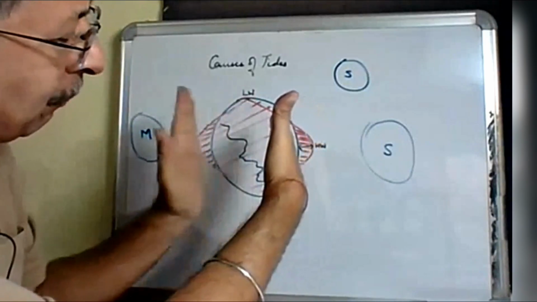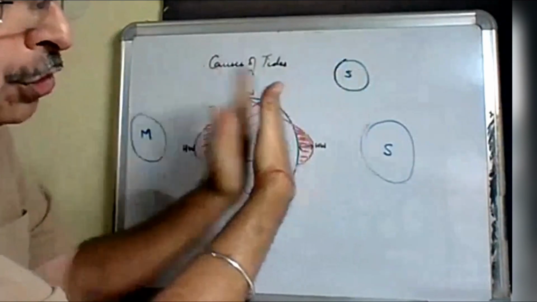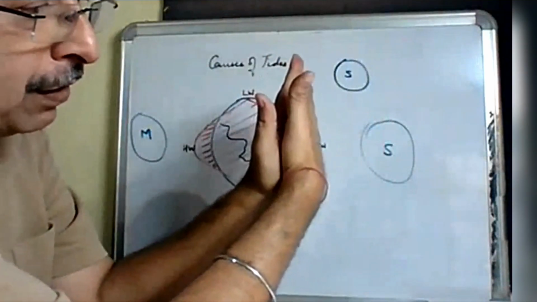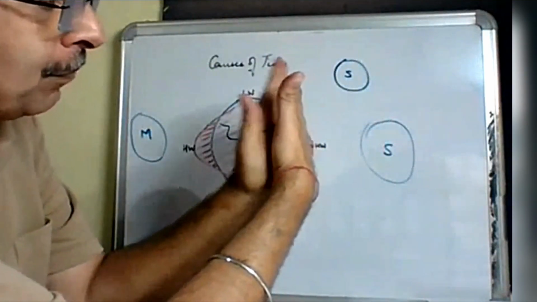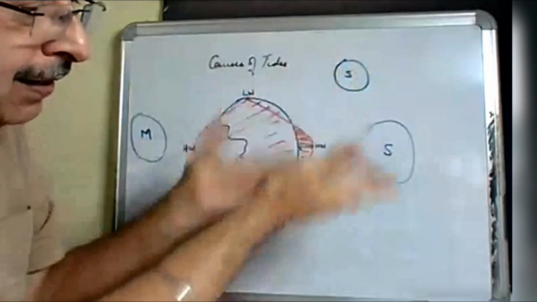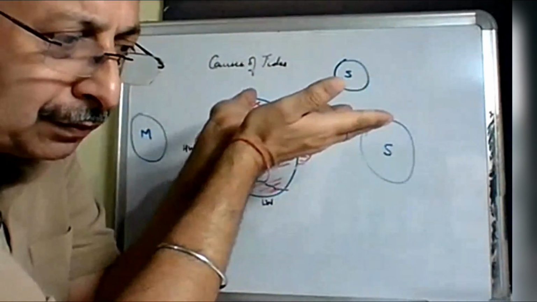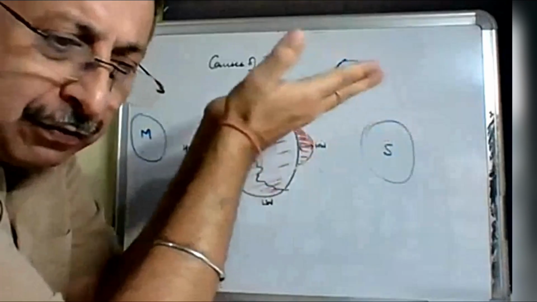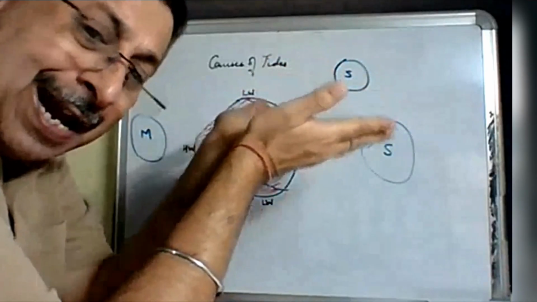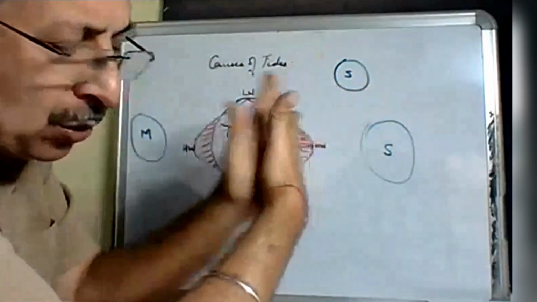The land mass coming from behind will tend to push this water mass forward. As a result, the water level will rise at that location, and you will have a certain height of tide where the earth mass pushes that water.